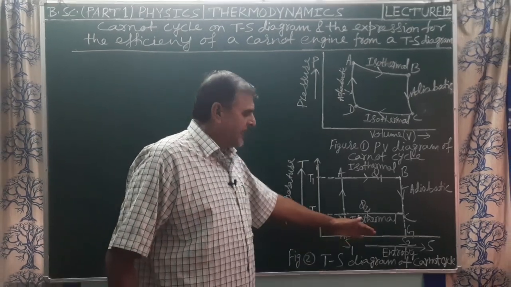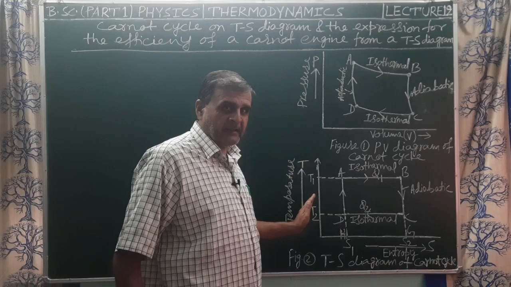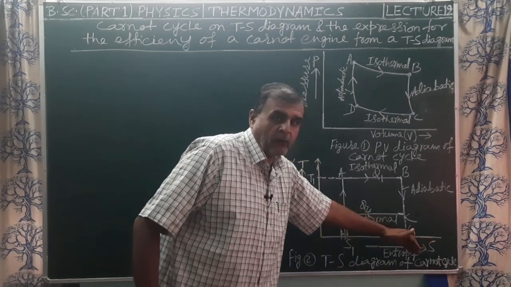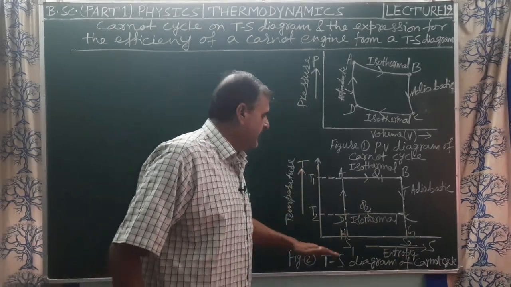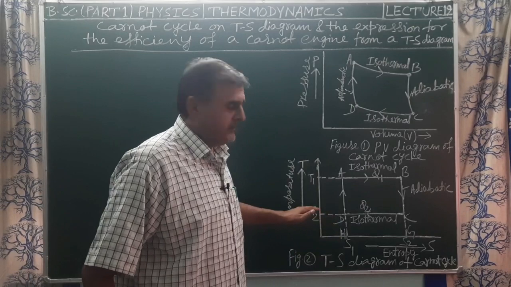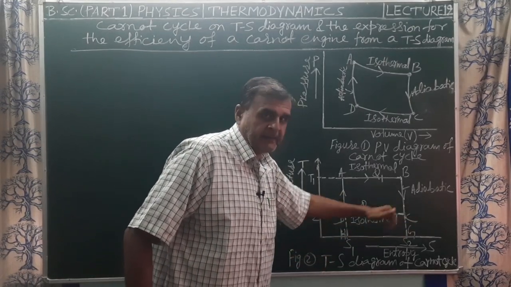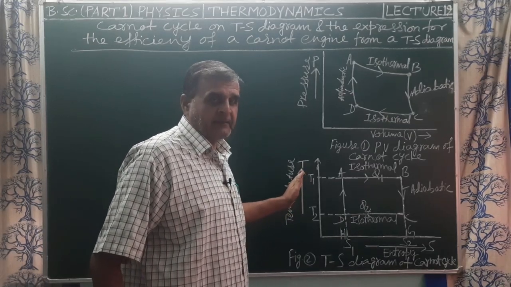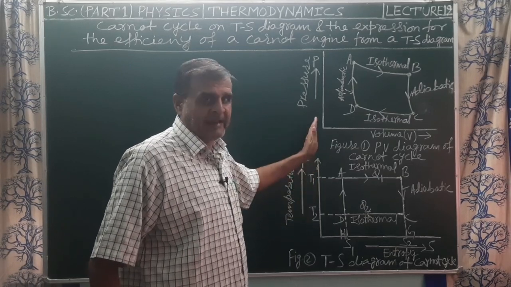TS diagram of Carnot cycle is represented in figure 2, in which temperature is taken along y-axis, while entropy is taken along x-axis. Entropy is denoted by the symbol capital S, temperature is denoted by the symbol capital T. So, entropy S is taken along positive x-axis, while temperature T is taken along positive y direction.